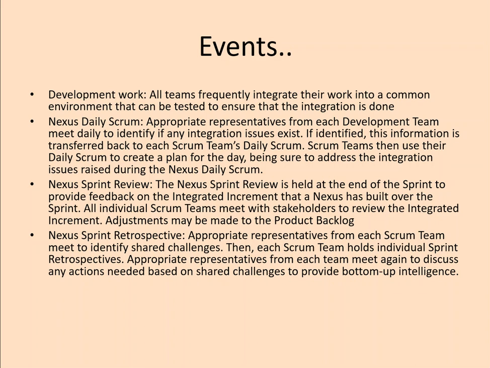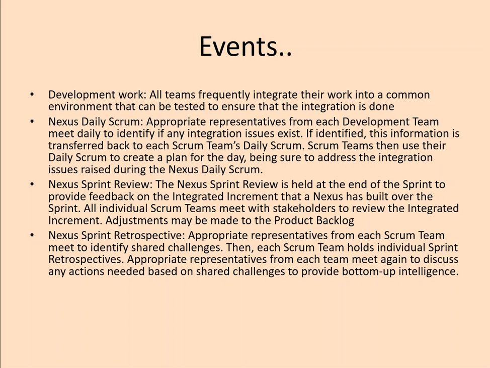Then we have the Nexus Sprint Review. It is held at the end of the sprint to provide feedback on the integrated increment that a Nexus has built over the sprint. They will meet with the stakeholders to review the integrated increment, and adjustments may be made to the product backlog. And finally, it will be followed by the Nexus Sprint Retrospective.